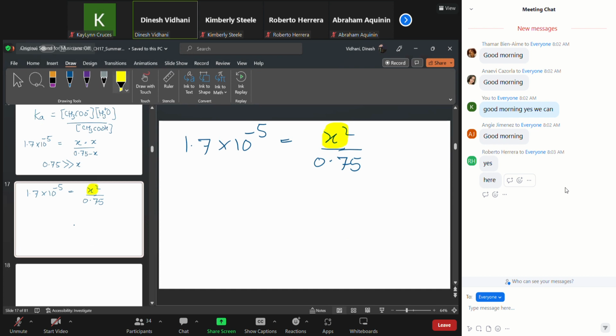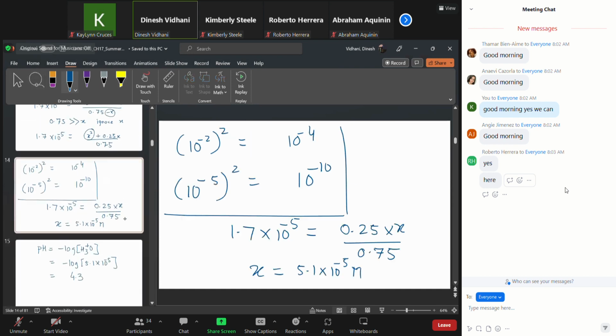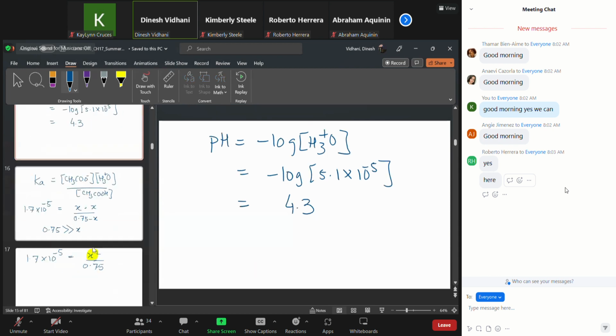The answer is no. Do you know why? Because when we ignored it in the previous example, we were comparing x squared to 0.25x. This number is way bigger than x squared, so we were able to ignore it. Now we cannot do that, right?